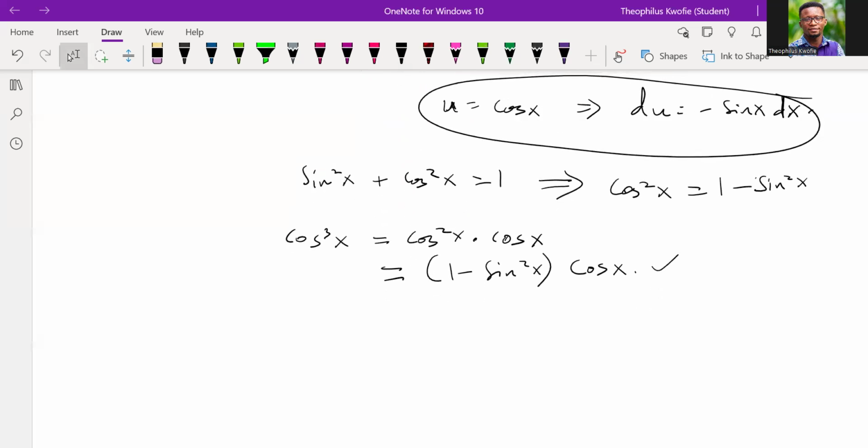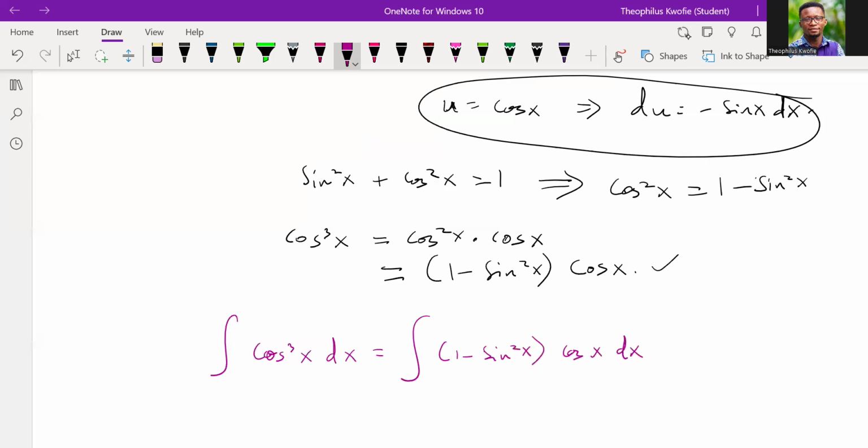So now the integral of cosine cube is the integral of 1 minus sine squared x, cosine x dx. Now seeing this, it becomes so simple to use the method of substitution, right?